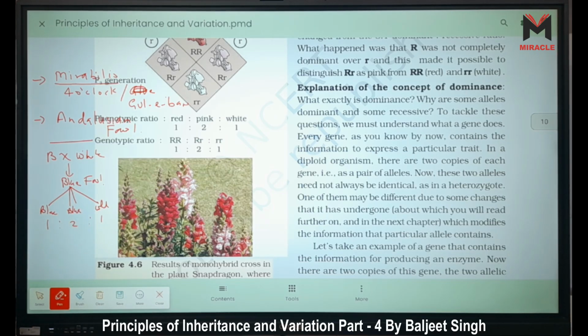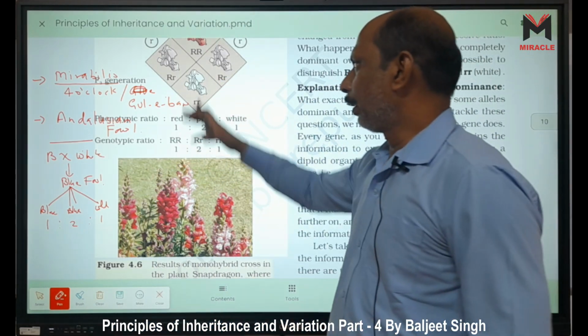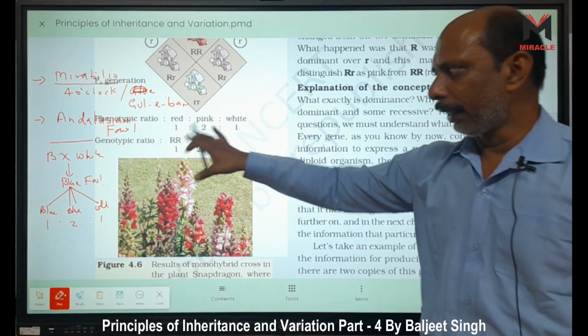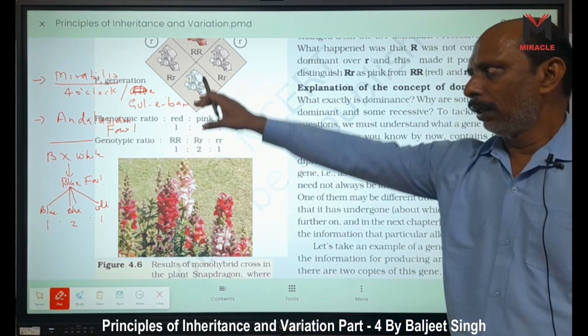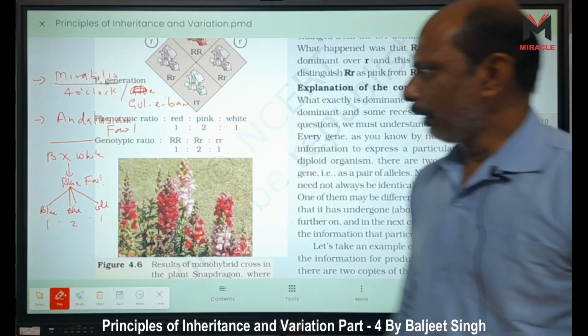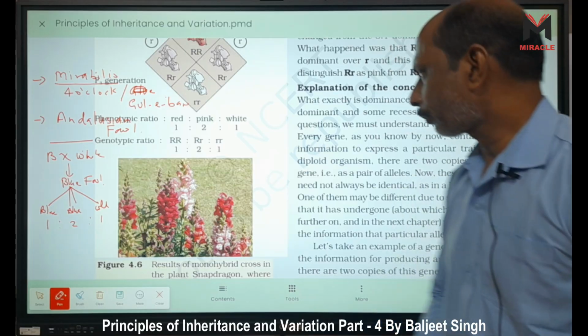We get the 3 ratios. Means here we understand this incomplete dominance is present in plant and animal both. As for example, in plant snapdragon and Mirabilis, and in case of animal it is present in Andalusian fowls.